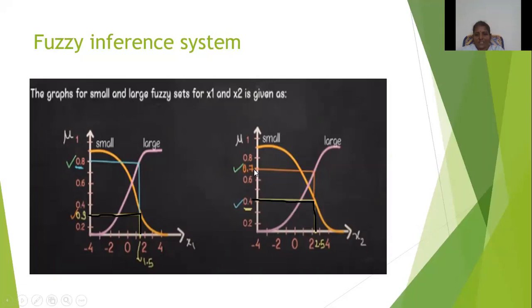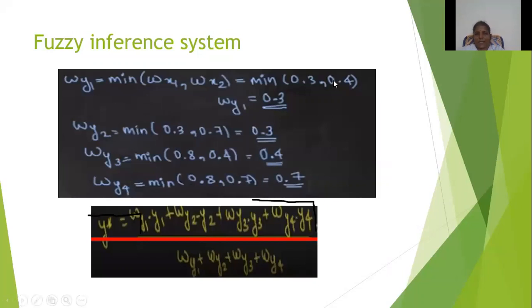Corresponding membership function is 0.7. So in all the 4 cases, you are finding the minimum because the AND operator is used. So in each case, the minimum of all the membership functions is considered.